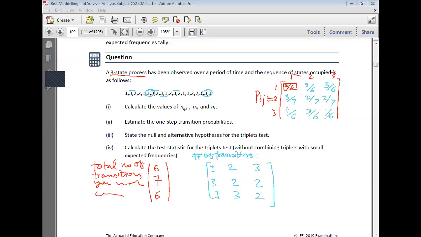1, 3, 2. So Mihir, if you count the number of 3's that you have here, it will add up to 7, right? But because at the end you have a 3 and you cannot make any transition out again, you should not resort to counting the number of numbers that you have.